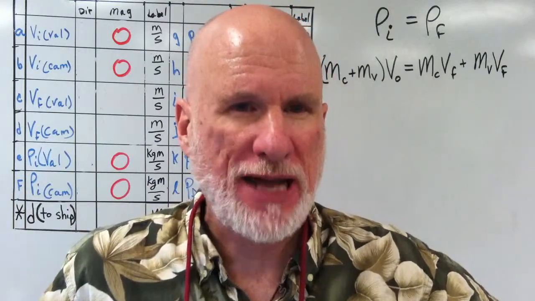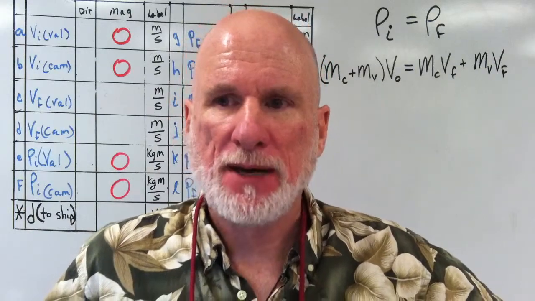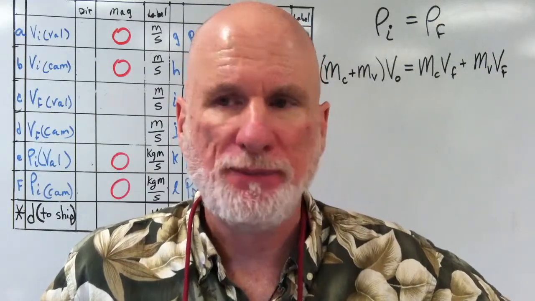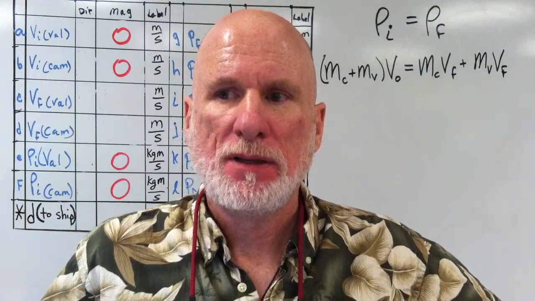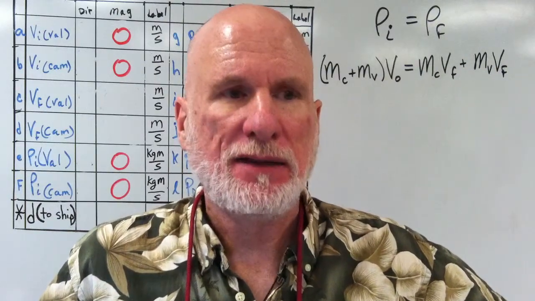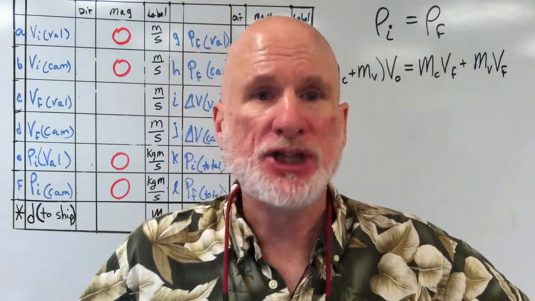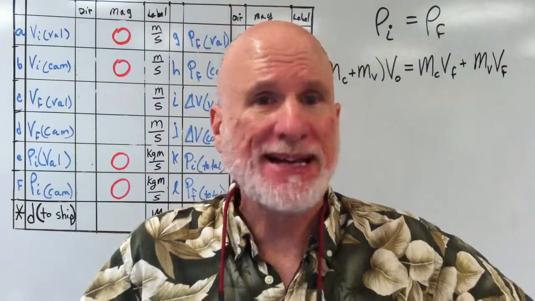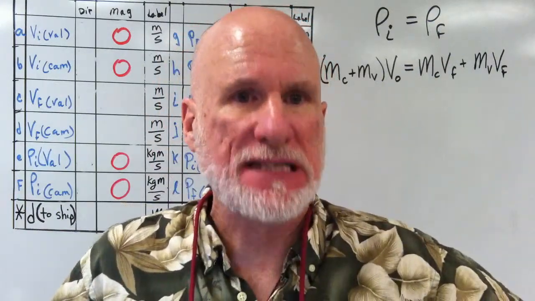That's important to understand. It's an assumption, but for the sake of the problem, we're going to put down that Valentina has an initial velocity of 0. And she's holding the camera, so the camera is going to have an initial velocity of 0.